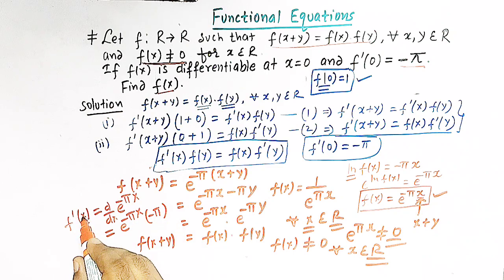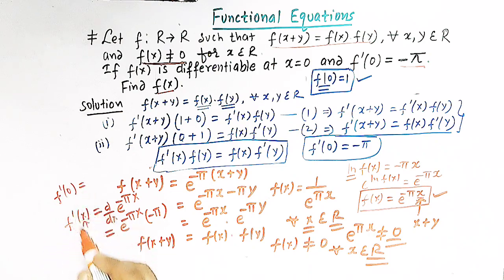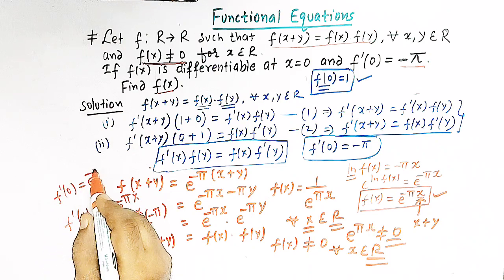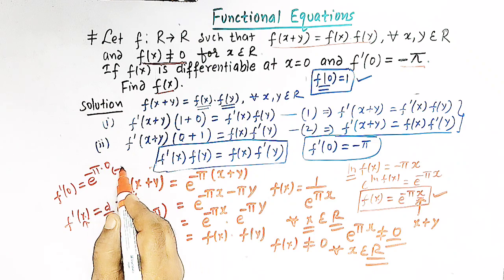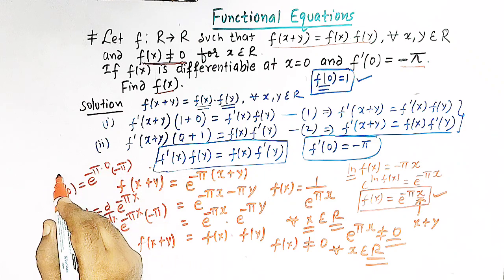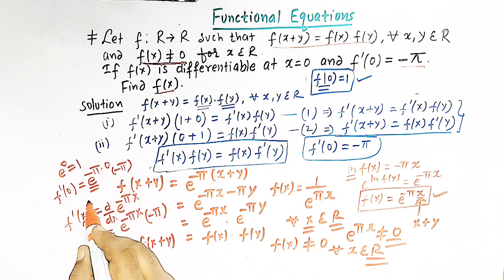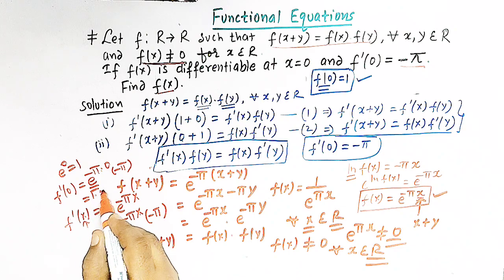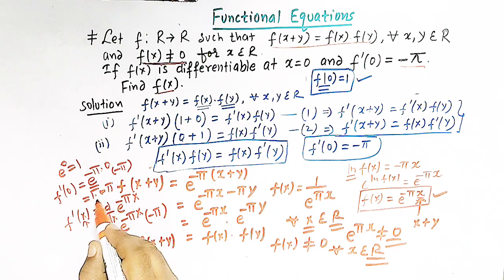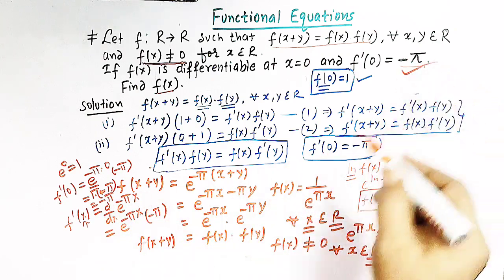Now if we replace x by 0, then we have f prime of 0 is equal to e raised to minus pi times 0 times minus pi, and e raised to 0 is 1, so we have 1 times minus pi, that is equal to minus pi, which is our required condition.